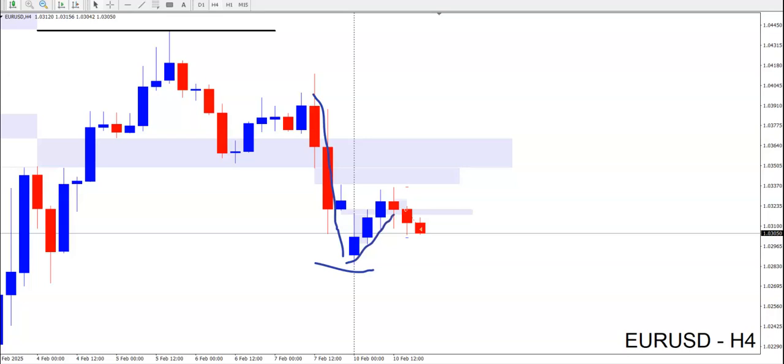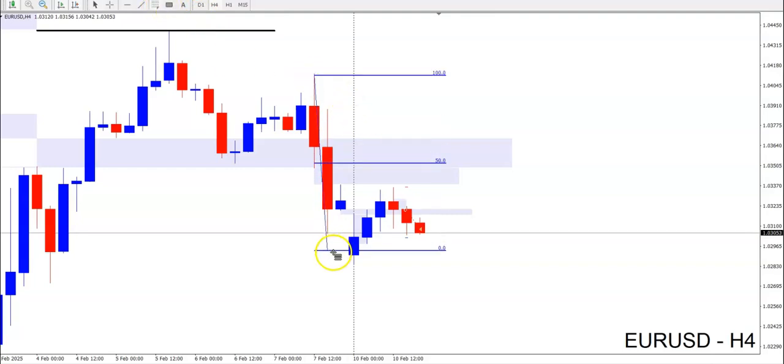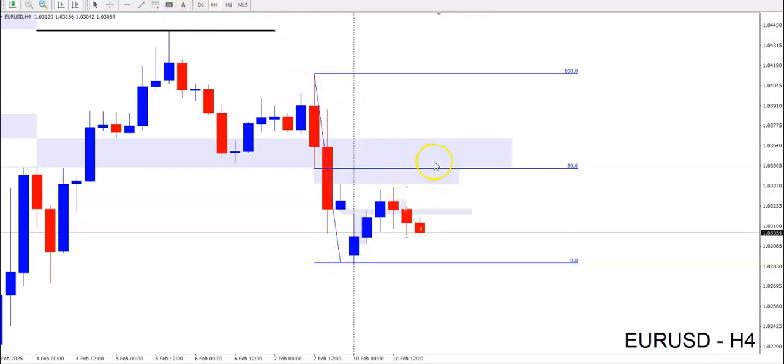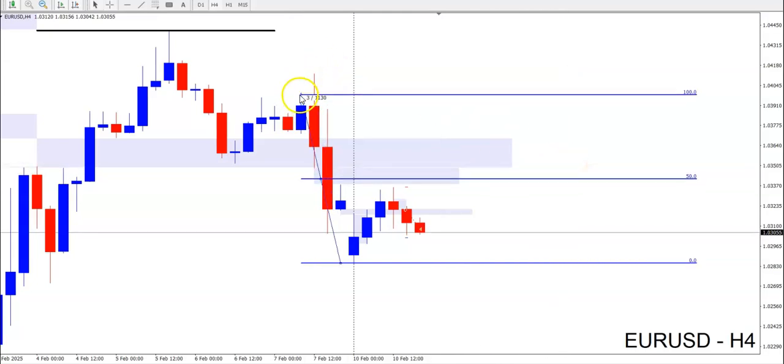We had a nice retracement, and we didn't have a retracement exactly 50% as we want to see, but sometimes price is too powerful. And what do we notice here? If we use Fibonacci from here to here, you can see that price didn't reach the 50% area exactly. So it totally depends on how you draw it.